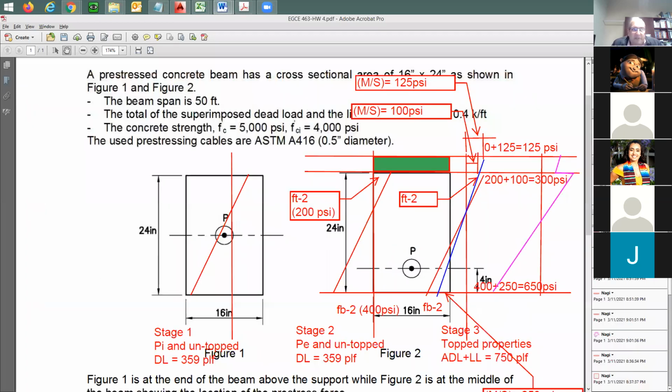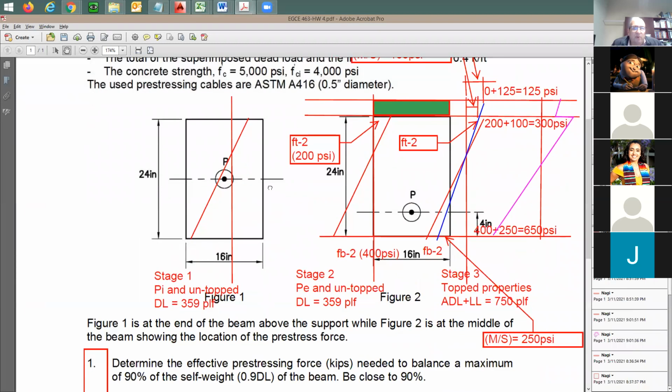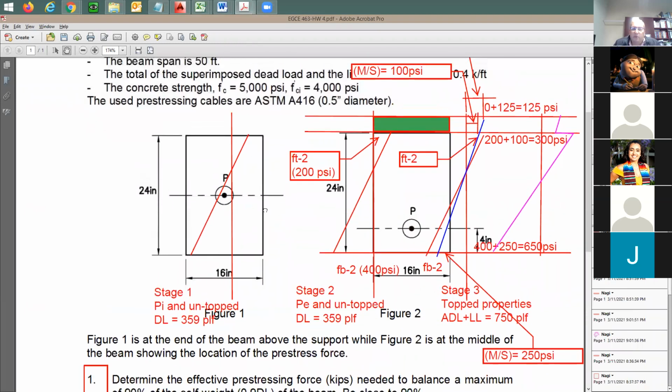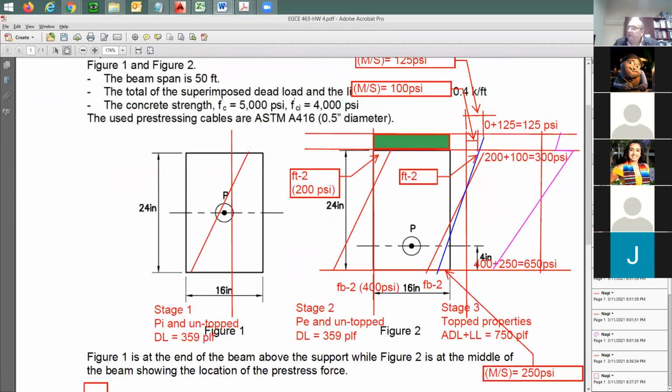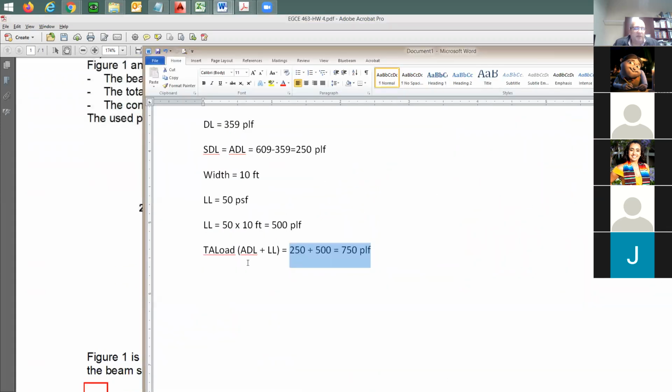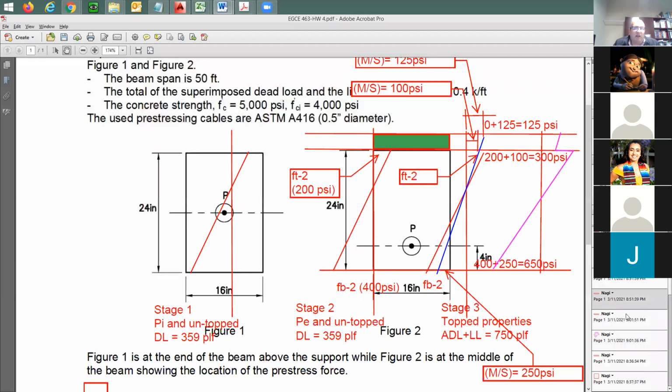But these new properties are going to be only supporting the new loads that you add to the beam, including the additional dead load and the live load only, because the self weight and the pre-stress force are locked in the beam without topping.